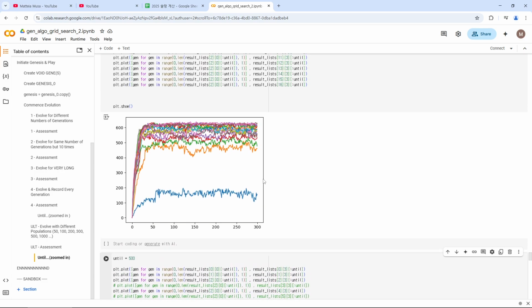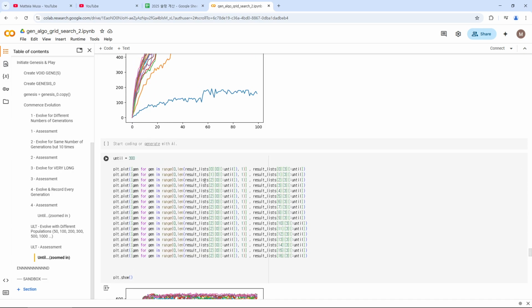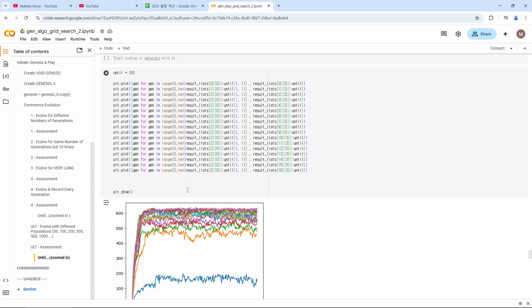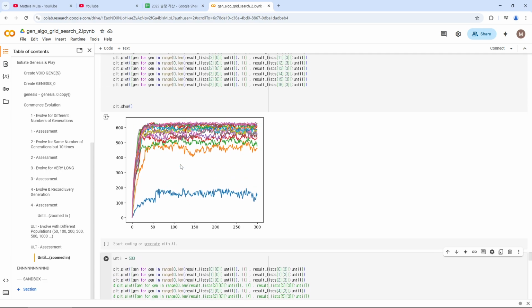But one thing to note is that, let's look at until 300. Until generation 300, the lowest plot is for when the population is at 10, and the highest one usually shows the steepest climb in the score, the quote-unquote score, the average of the top 30 entities, and they quickly plateau and then kind of stay there.